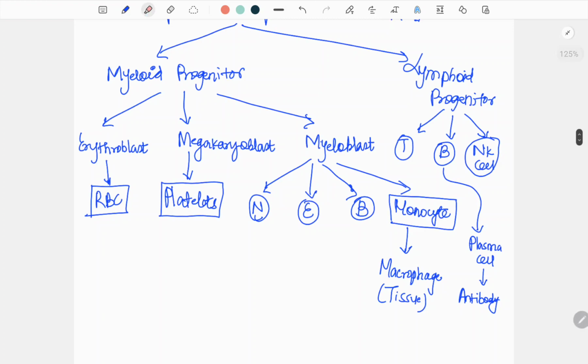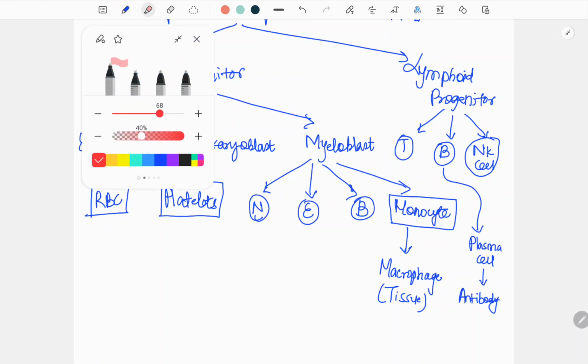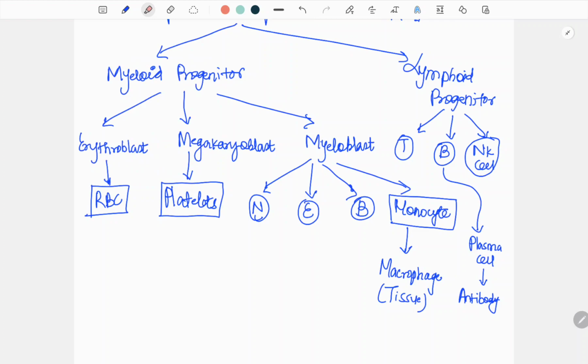Now we'll be dealing with how the RBC is formed per se.